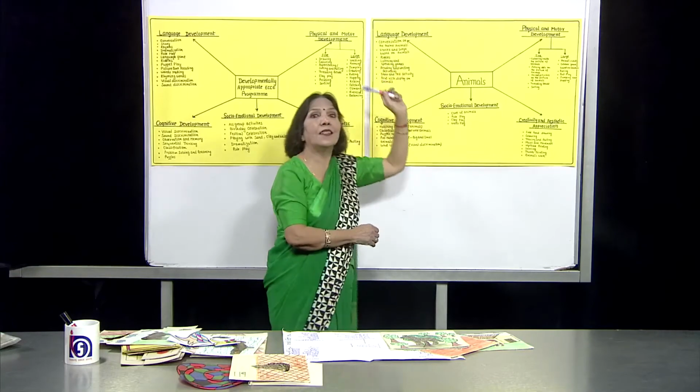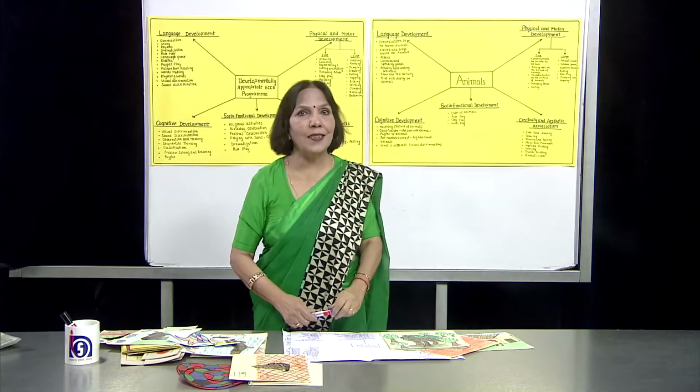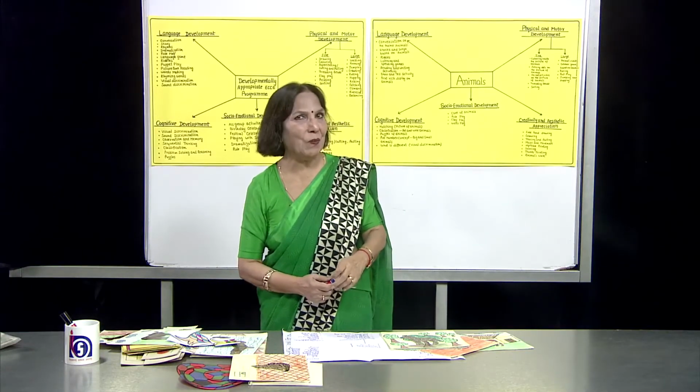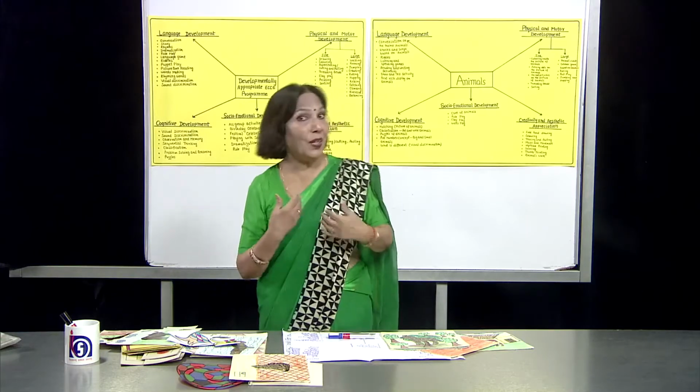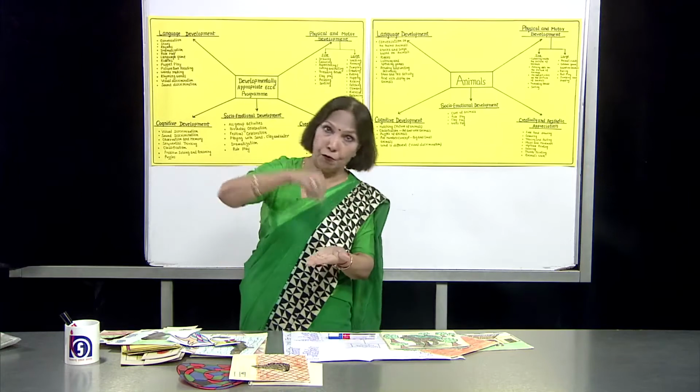Rhymes, like one rhyme I want to recite here. My doggy loves his dinner ball, dinner ball, dinner ball. My doggy loves his dinner ball and wants me to fill it.